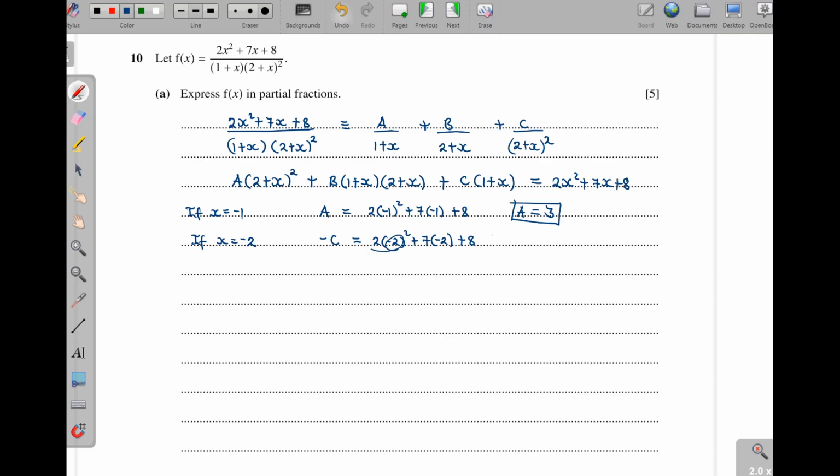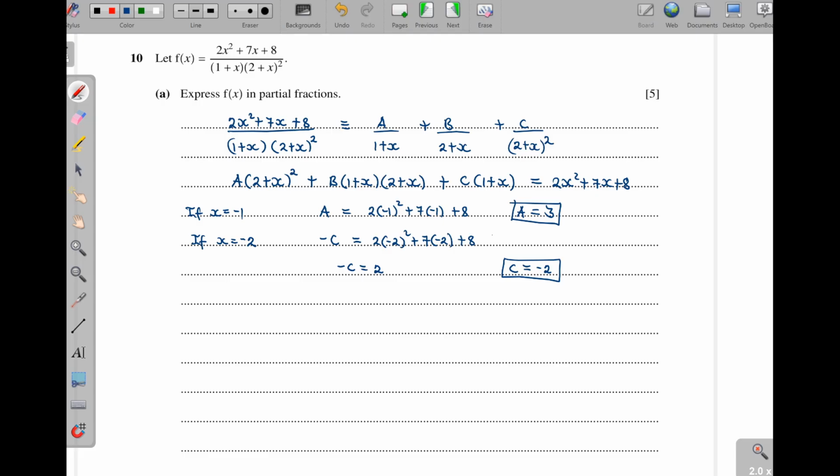Now -2 squared, that is a 4, then times 2, that is 8, so 8 plus 8, that is 16, then 16 minus 14, you'll get a 2. So you get negative c, which is equal to 2. So meaning c will be equal to negative 2 when you divide all through by the negative 1.